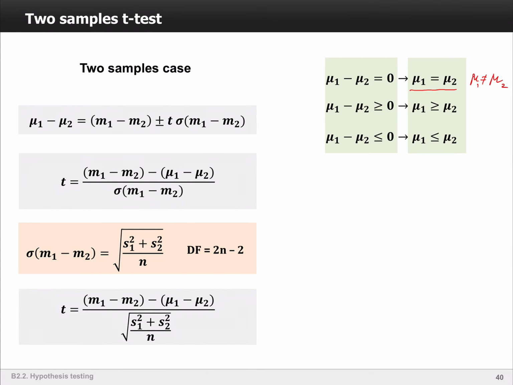Or we assume that one population has a larger average than the other population. The alternative hypothesis will be like this. Or we assume that the average of the first population is smaller or equal to the average of the second population, so the alternative hypothesis is the opposite. Now look, in all these cases, we can just compare the differences with 0, right? It's either equal to 0, above or below 0, above or equal to 0, or below or equal.